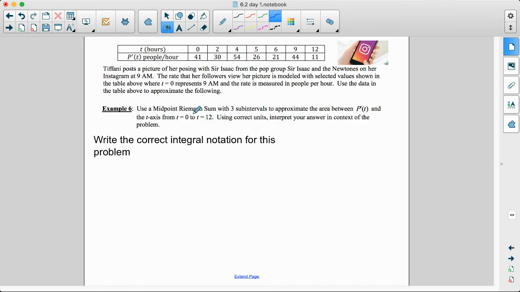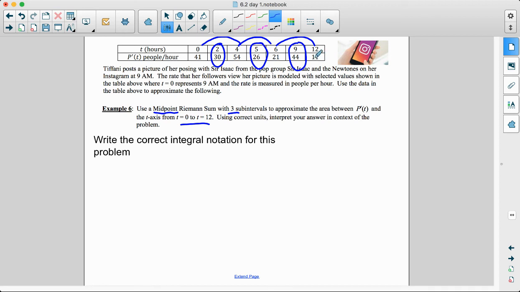Same thing, but we're doing a midpoint Riemann sum from 0 to 12 with 3 subintervals. So that's 0 to 4, because 2 is going to be our midpoint. And then 4 to 6, because 5 is going to be our midpoint. And then 6 to 9. So you divide it up evenly according to what the table has.